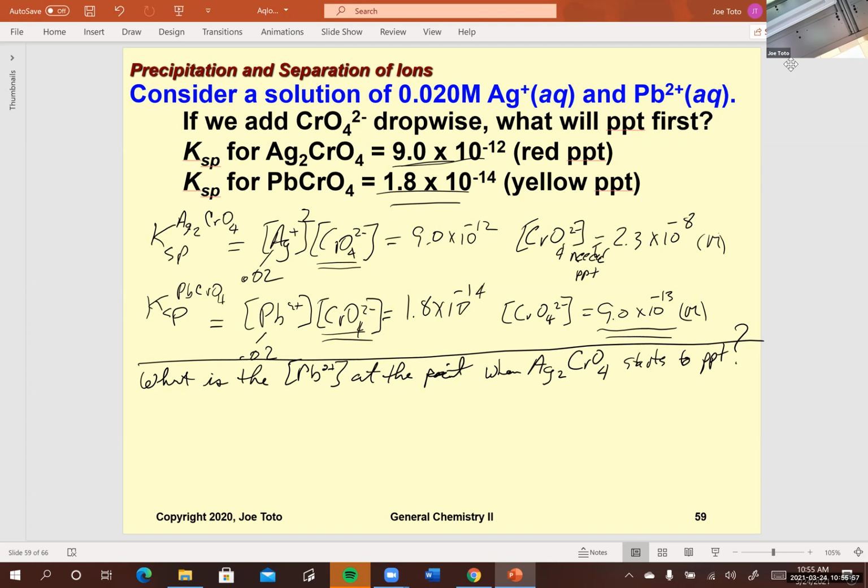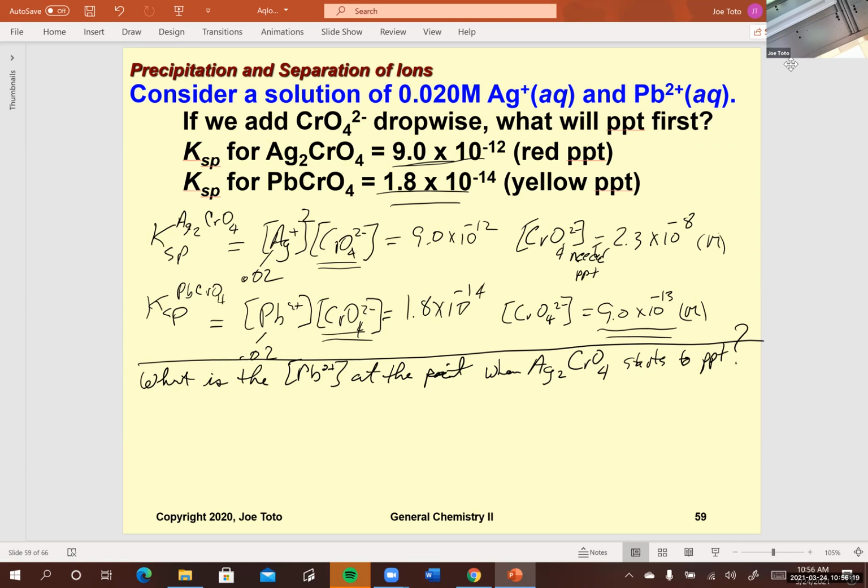Now, that's an interesting question. And that'll tell me, is this really a selective precipitation? Can I get pretty much all of the lead out before the silver starts to precipitate? How much lead is left at that point?